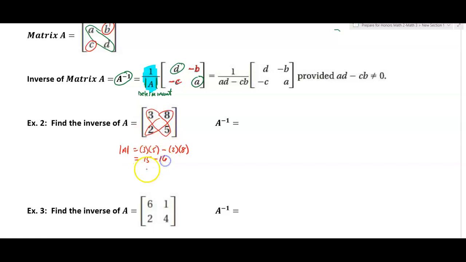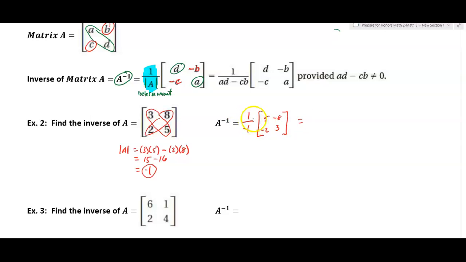That gives you 15 minus 16, which is negative 1. So the inverse matrix of A would be 1 over the determinant, negative 1, times, I'm going to flip-flop the 3 and 5, so that becomes 5 and that becomes 3. Then I take the opposite of 2, which is negative 2, and the opposite of 8, which is negative 8, and now I'm going to scalar multiply.